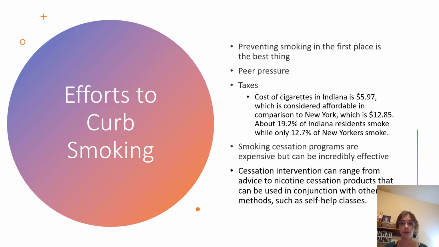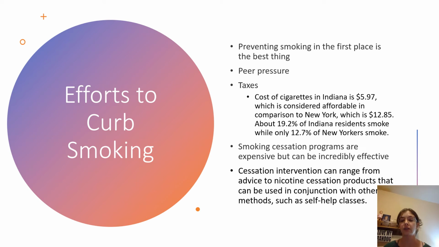Taxes is one very big way that the country has tried to address smoking. So all the states have different ways of taxing and controlling the cost of cigarettes. So here in Indiana, the average cost of cigarettes is $5.97, which would be considered affordable compared to New York, which is $12.85.